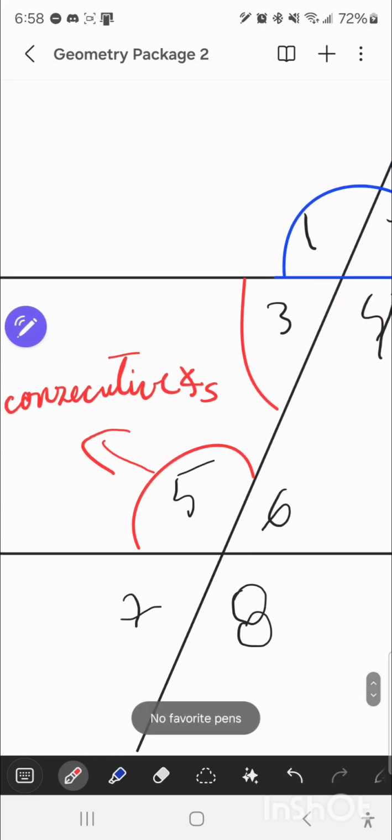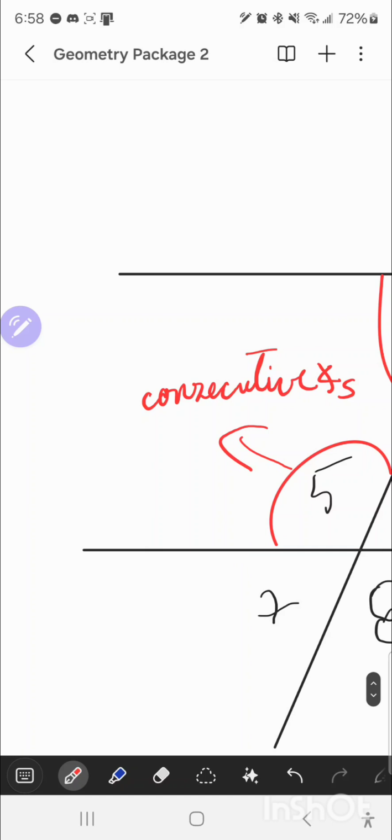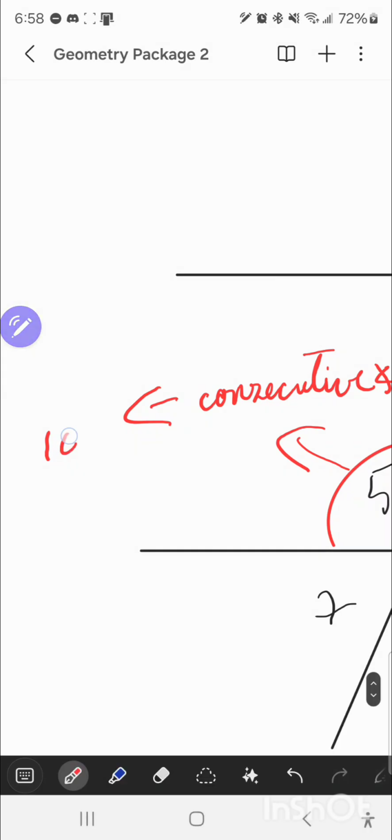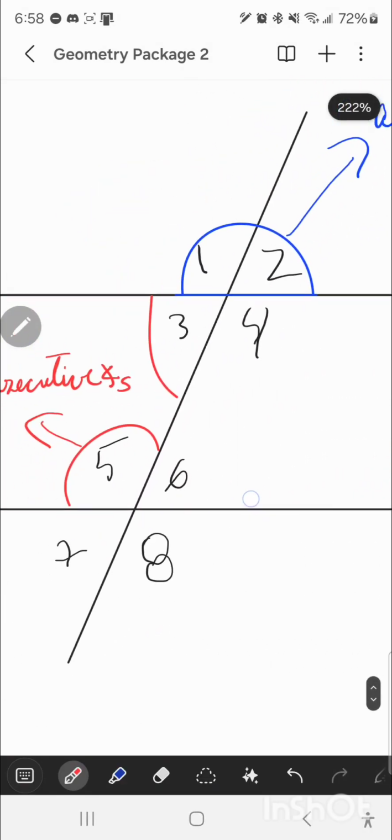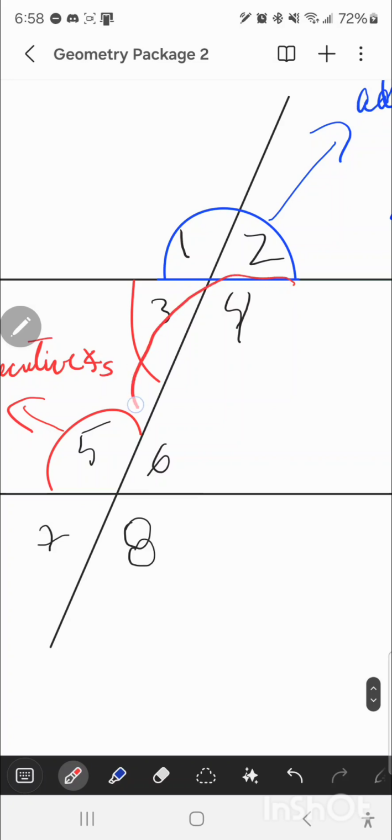And as I said, I'm going to explain all the ones that add to 180 degrees together. First, you can imagine that these add to 180 degrees. As I was mentioning, I use a C to remember them. So if I draw a C now to the right, you see that the ones inside are 4 and 6, so they are consecutive angles.